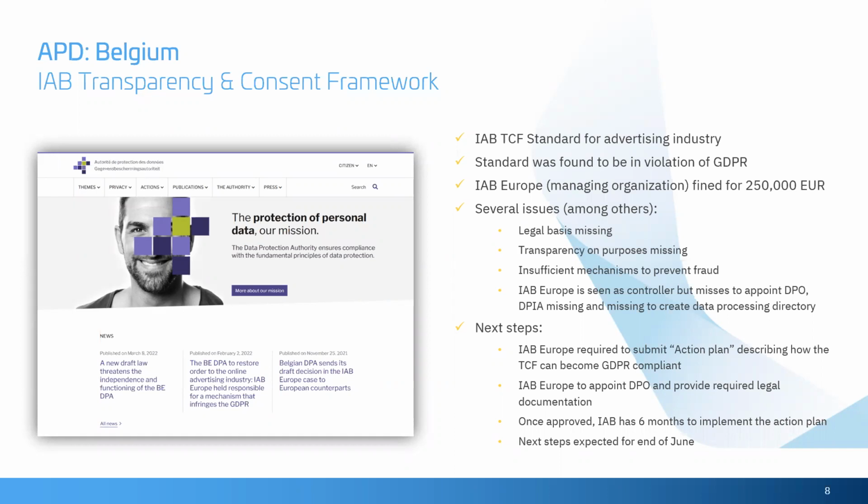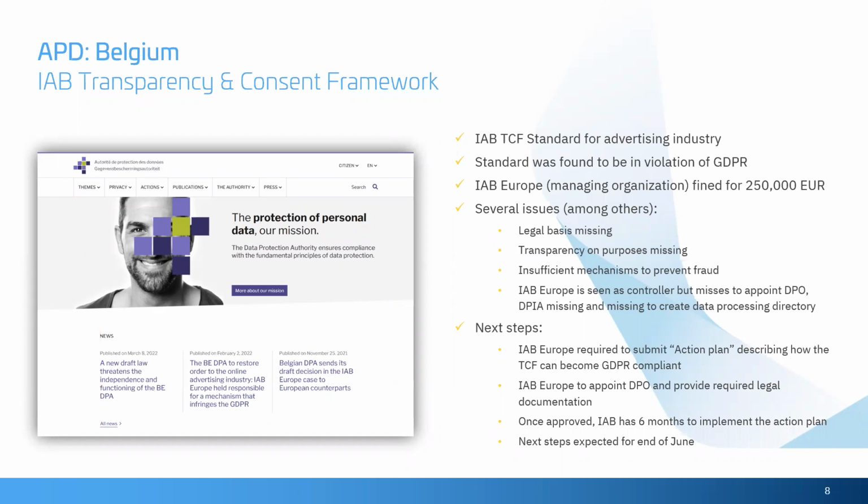The next steps for this is there is the action plan that they need to submit, or that they actually submitted already. The action plan is basically the IAB needs to outline what changes they want to apply in order to make the TCF GDPR compliant. This action plan was submitted, I think, beginning of this month or mid of last month, so some weeks ago.